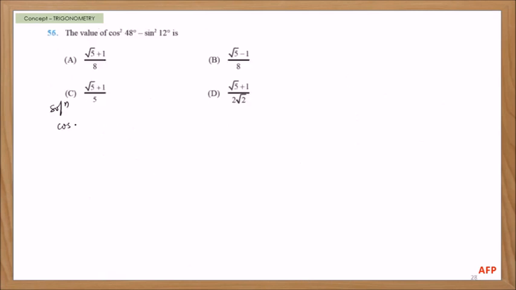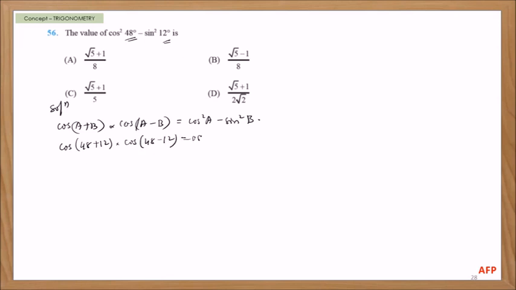Cos A plus B: cos 48 plus 12 degrees into cos 48 minus 12 degrees, which is cos square 48 minus sin square 12.